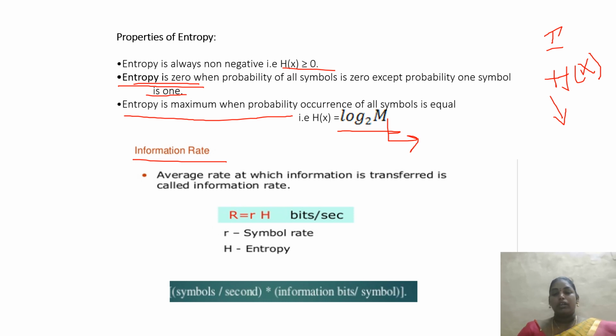It depends on the amount of information transmitted, which is entropy, and how much time it takes to transmit. So the information rate is denoted with R, and it is R into H.